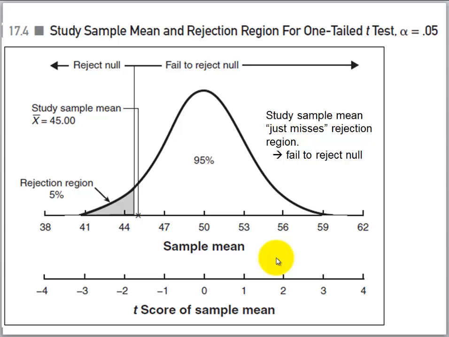So here is a visual of our result, and since we have a one-tailed test, the entire rejection region is in one tail. I mean, it is indeed in the tail that is in the direction stated in the alternative, the direction of our expectation. So thinking back, for our two-tailed test, we had to go out just a little bit more than 2 standard deviations to reach the rejection region in the negative tail.